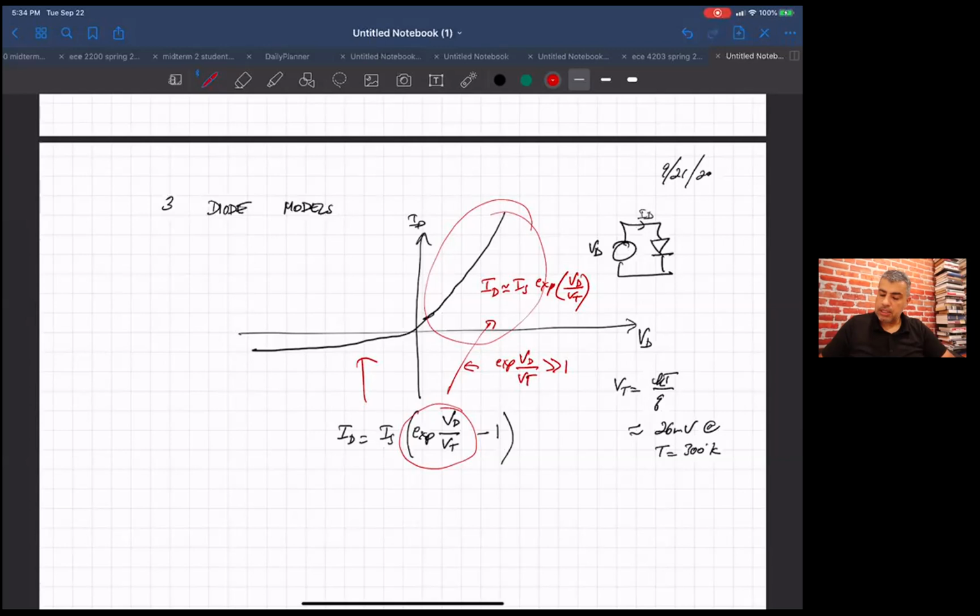And this part is the same exponential, where V_D over V_T is much smaller than 1.